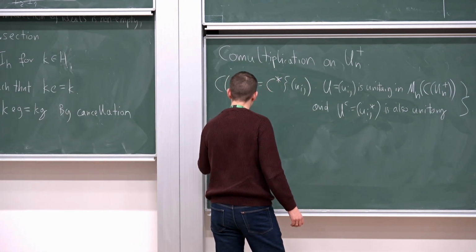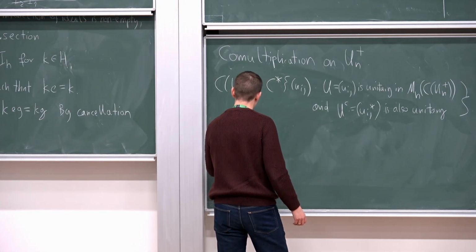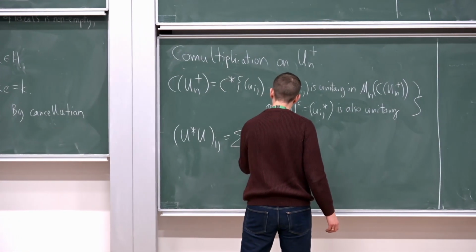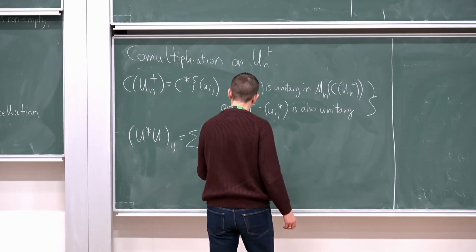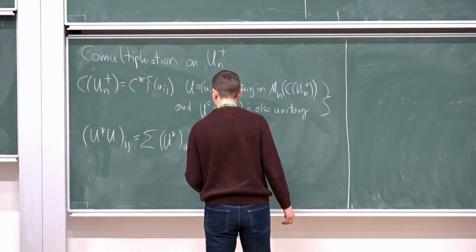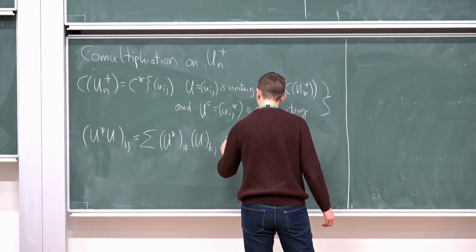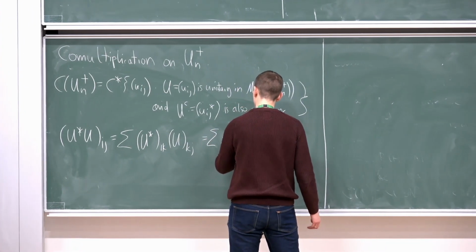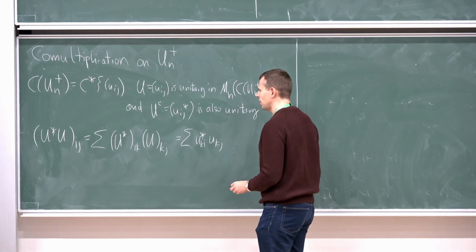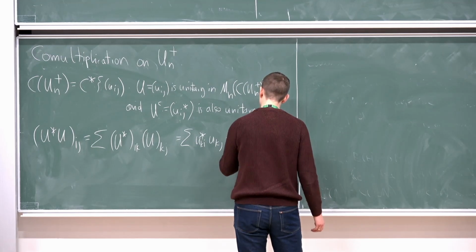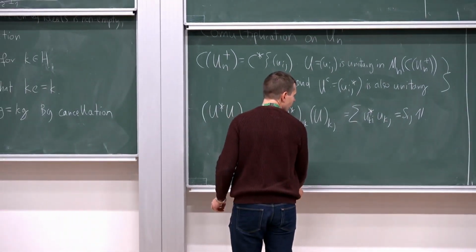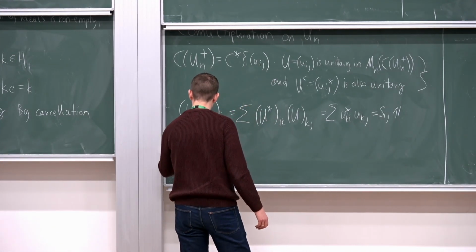The ij-th entry of U star U is the sum over k of u_ki star u_kj, and we want this sum to be delta_ij 1.